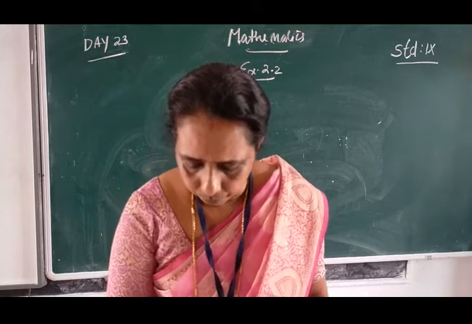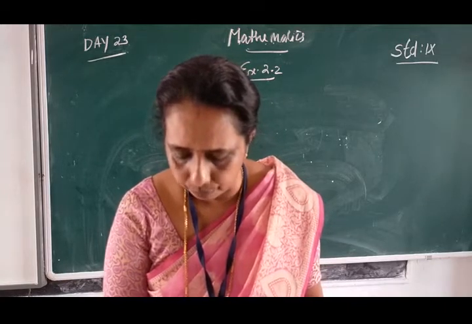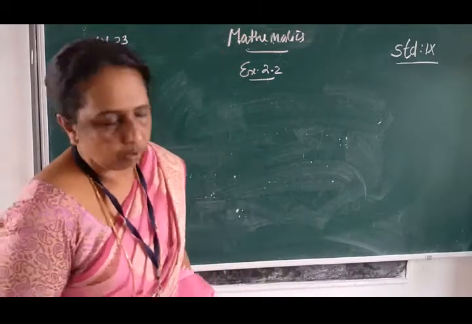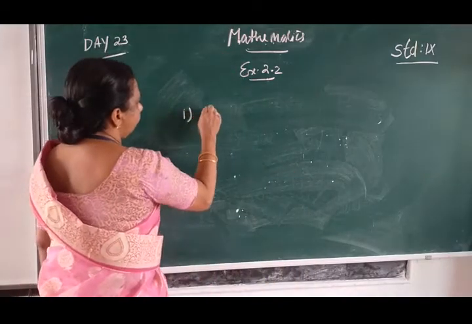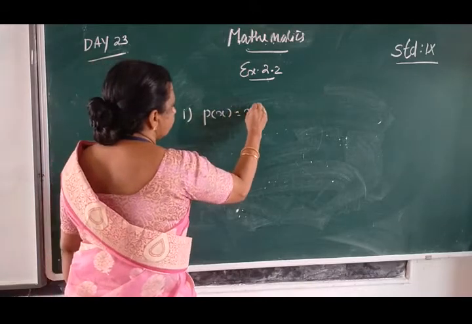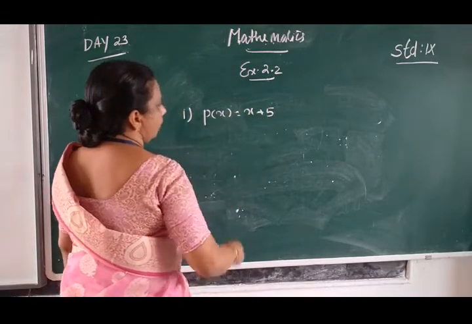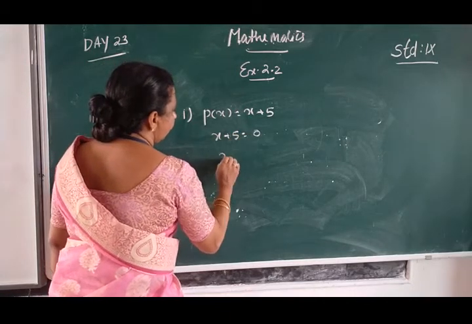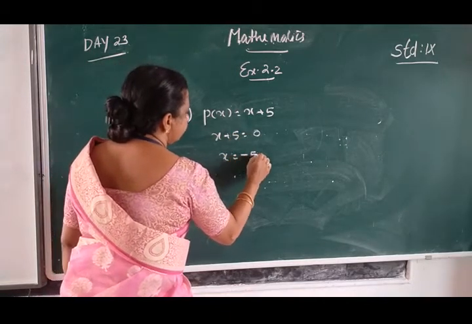First question, 4th one, find the 0 of the polynomial in each of the following cases. First one, p of x is equal to x plus 5. Equating this polynomial equal to 0, then find the value of x, minus 5.